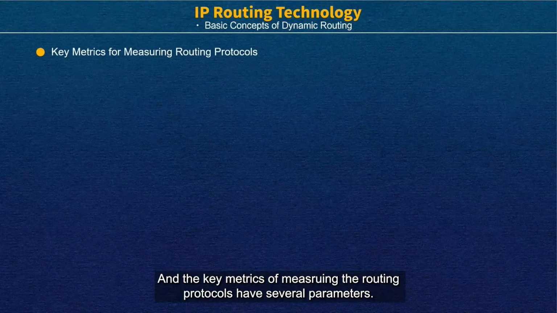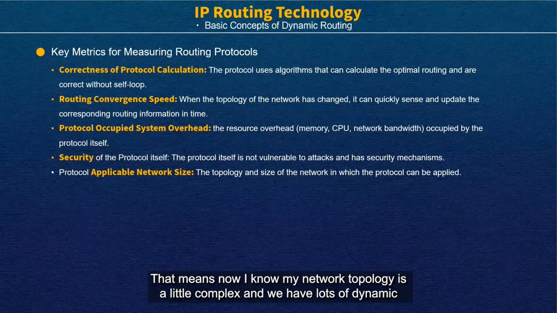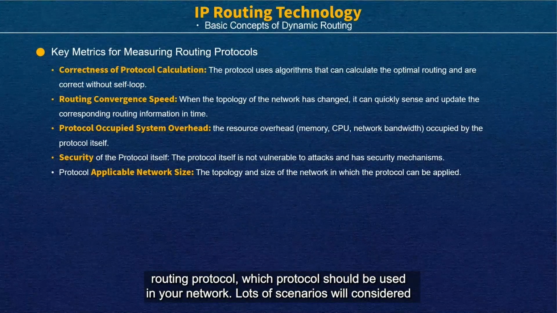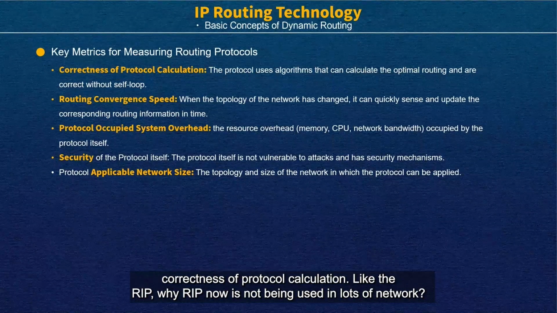And the key metrics of the routing protocols, there are several parameters. That means now I know my network topology is a little complex and we have lots of dynamic routing protocols. Which protocol should be used in your network? In lots of scenarios we will consider 4 parameters. The first one, the dynamic protocol has to provide correctness of protocol calculation, like RIP.